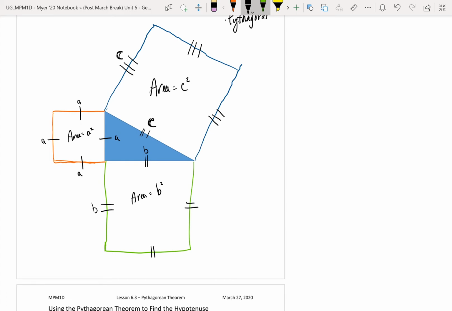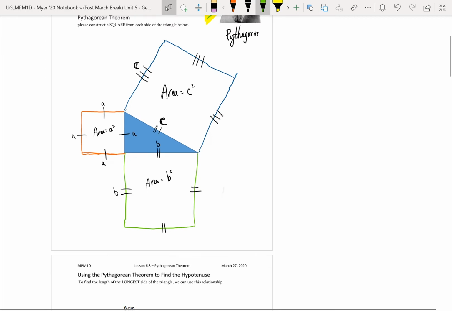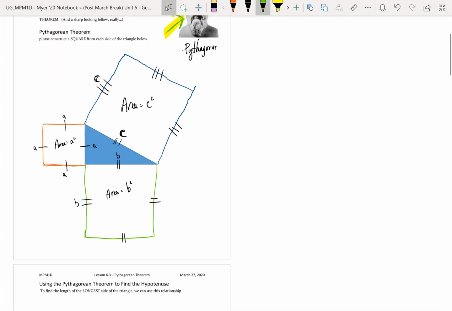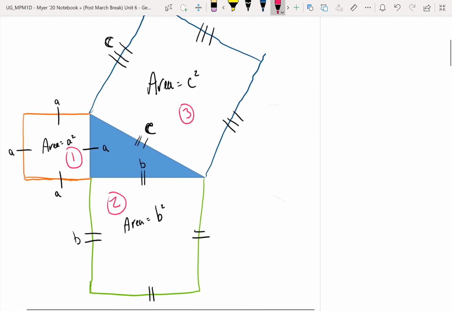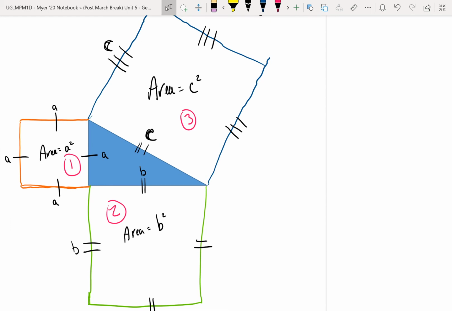All right, so basically what Pythagorean theorem explains is that we have these boxes here, right? And I'm going to label them all. So we have box 1, and box 2, and then box 3. So basically what we're saying is the area of box 1 plus the area of box 2 is equal to the area of box 3.